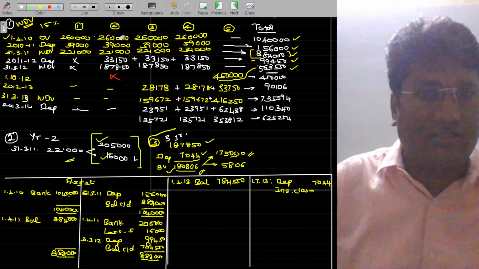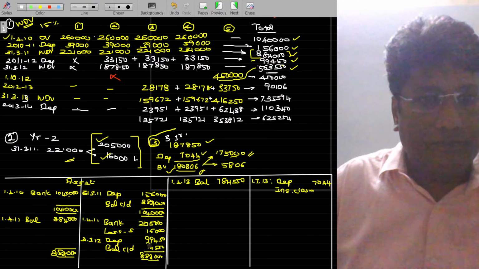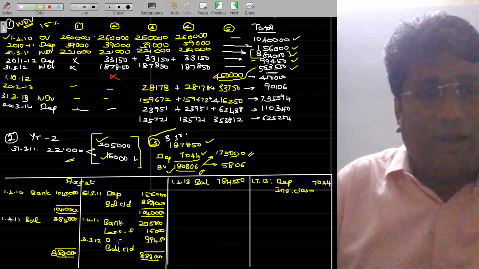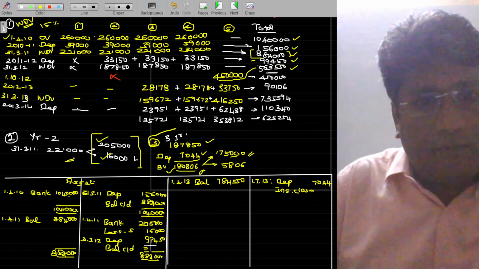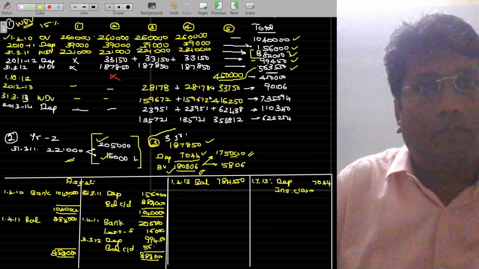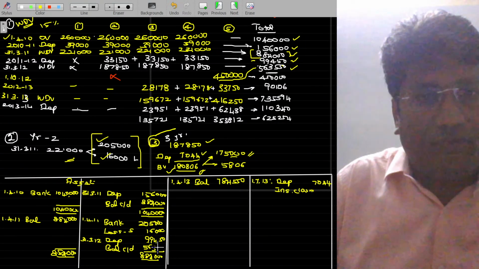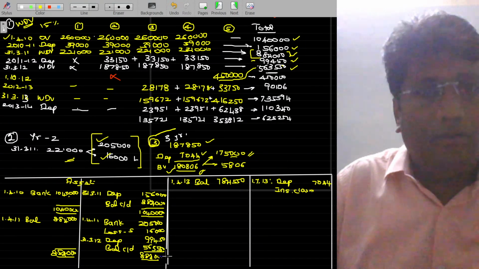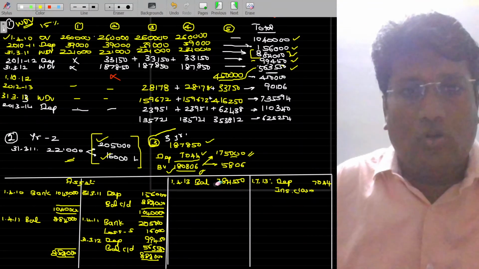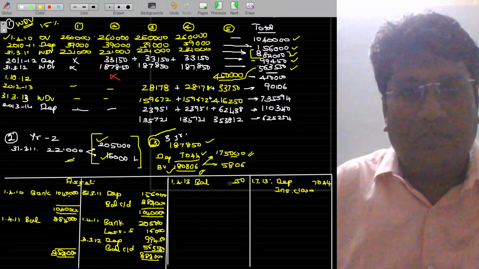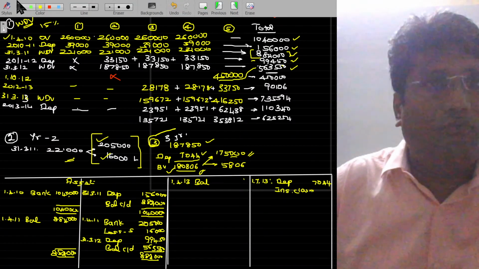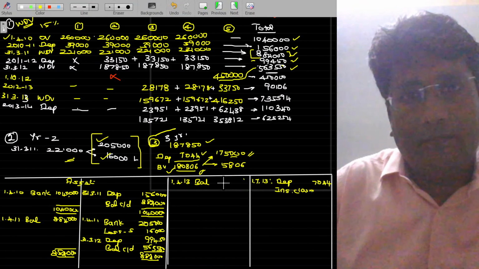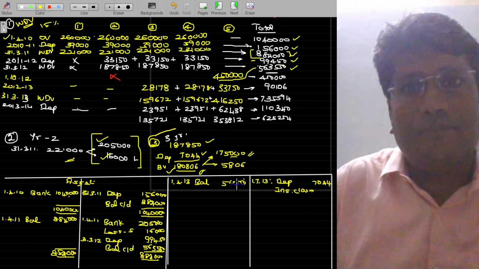This value is now corrected. 5 lakhs 63,550. So this opening balance being 5 lakhs 63,550. Okay.